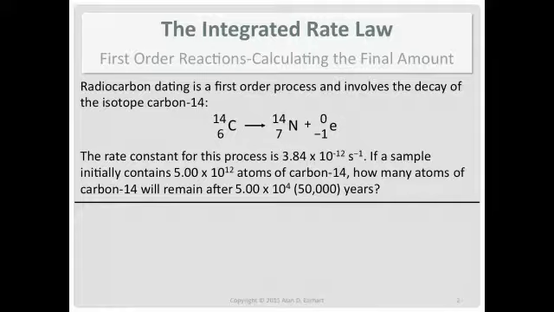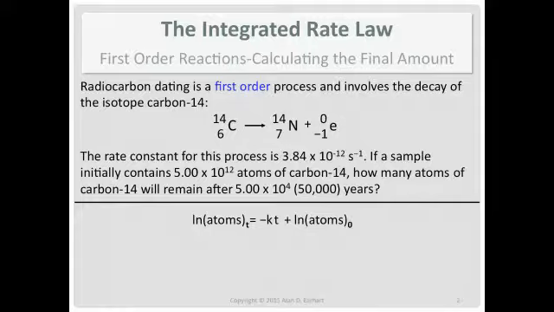Now let's look at the information here. It says it's a first order process. As soon as you see first order process, you're not necessarily thinking radiocarbon dating, you're thinking, what mathematical formula do you need to do this? And that's the first order equation that I put down below.